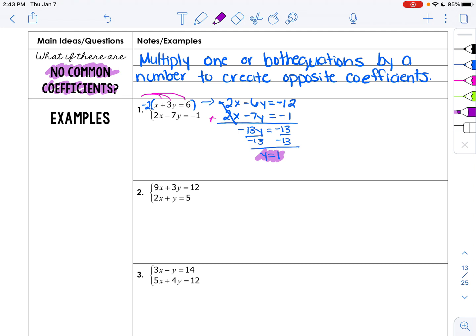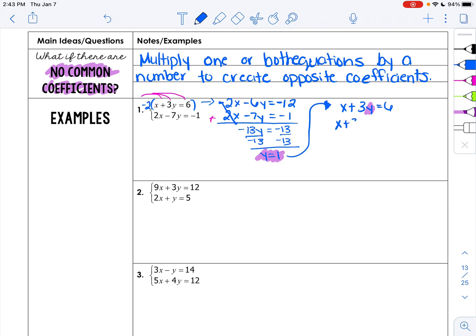So just like with our elimination method before, we take this answer and we substitute it into one of our original equations. And we can choose which equation we want to substitute it in for. I'm going to choose the first original equation, x plus 3y equals 6. So I'm going to replace y with 1 because that's what I found, that y equals 1.